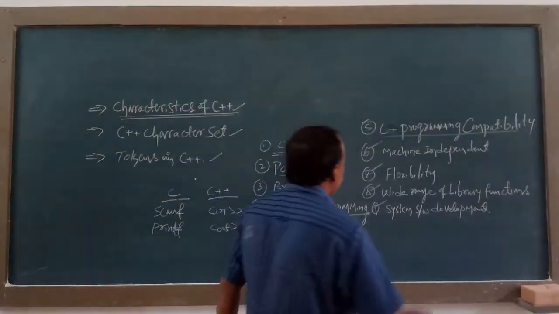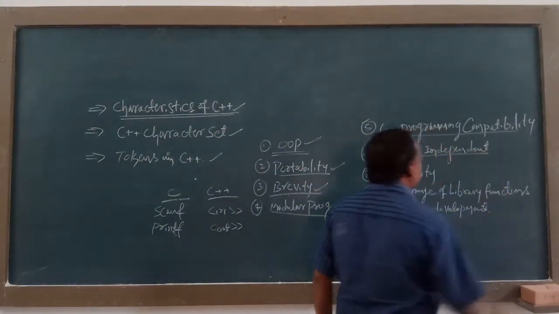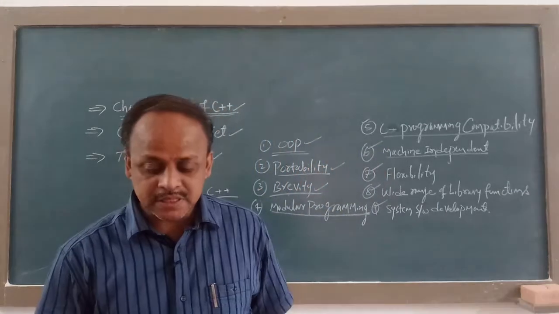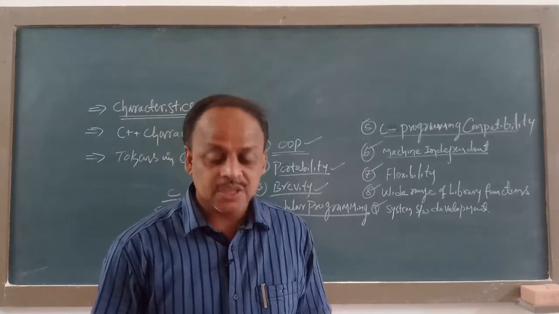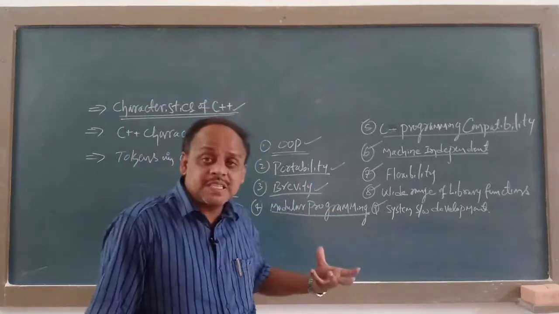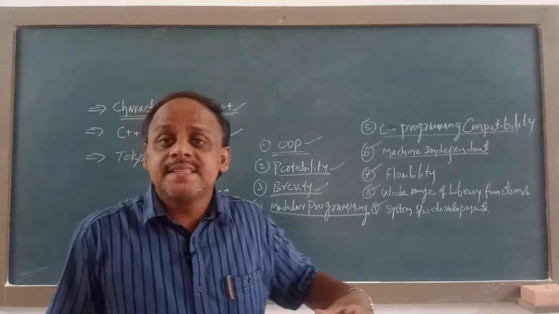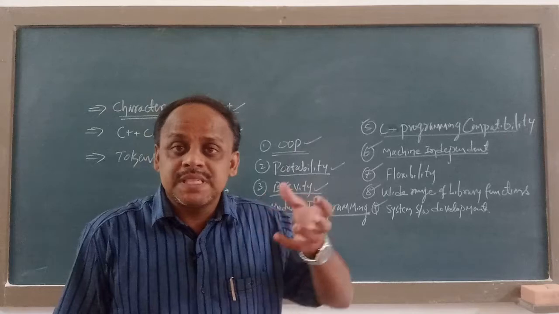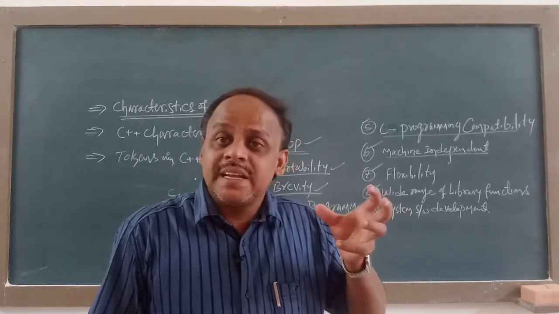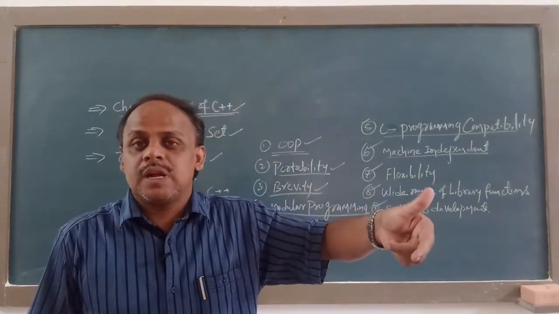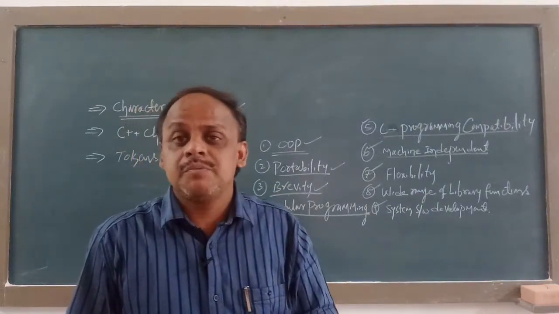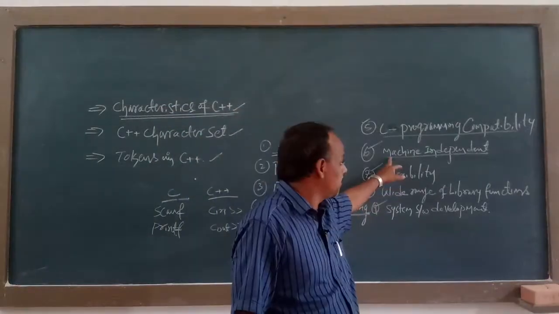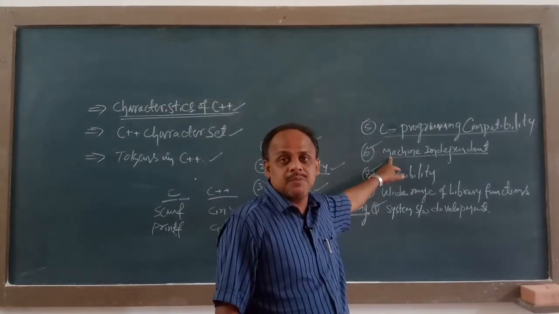And the next one is machine independent. See here, machine independent means it is a machine independent language, meaning C++ can be executed in different hardware environments. There is no specific hardware environment needed to execute a C++ program. With any hardware environment and any operating system, a C++ program is going to work.